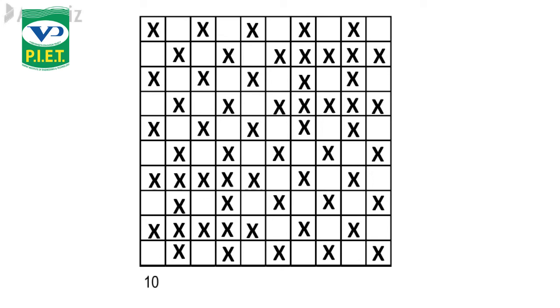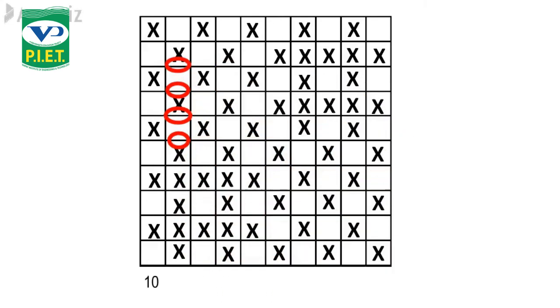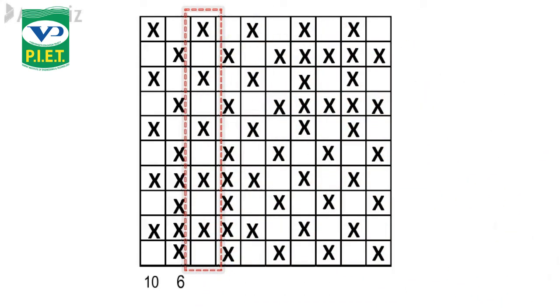Similarly, if we see at the second end of this weave, the intersections are 1, 2, 3, 4, 5, and 6. Similarly, for the third end, 1, 2, 3, 4, 5, 6, 7, 8, 9, and 10.